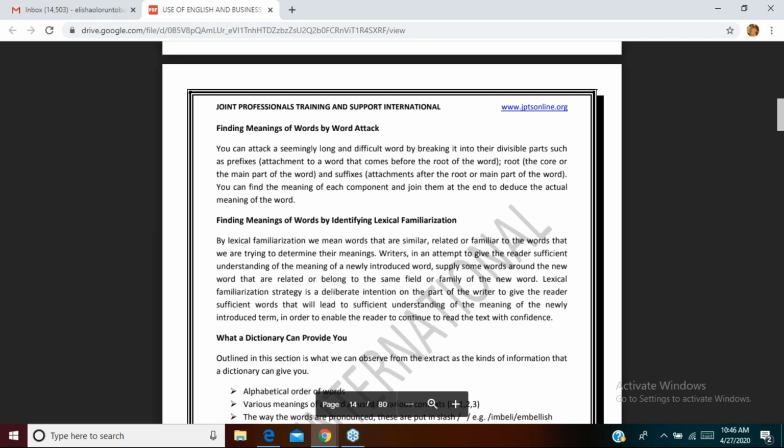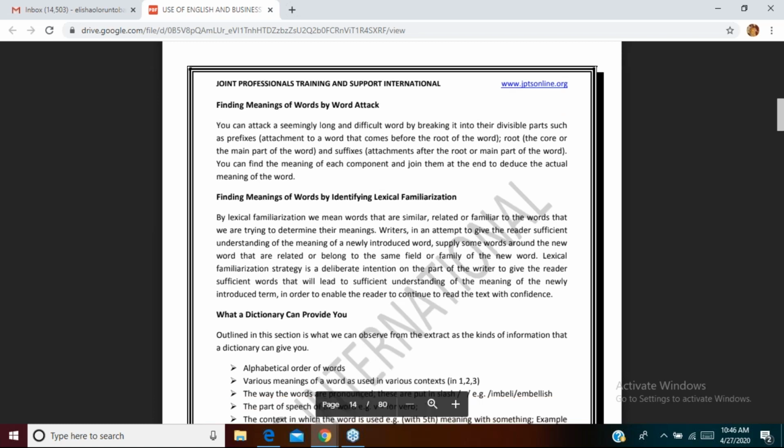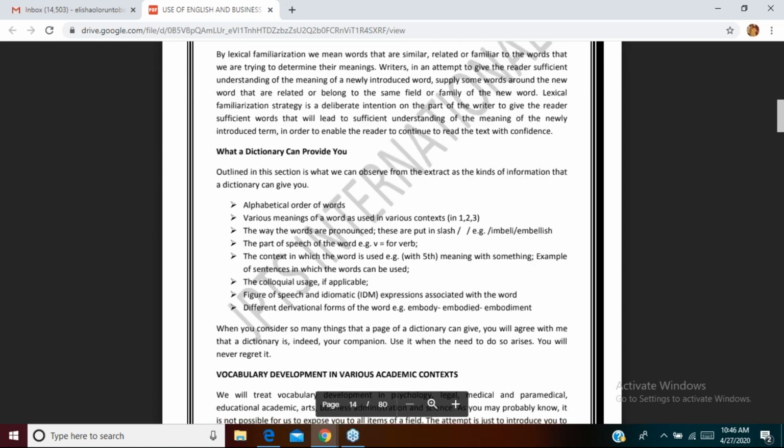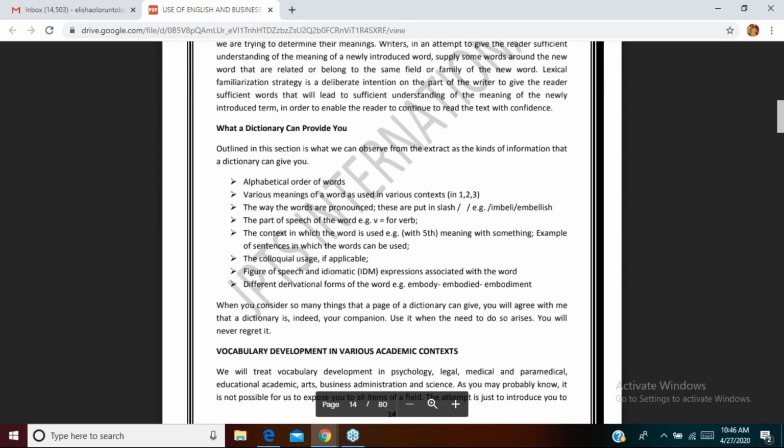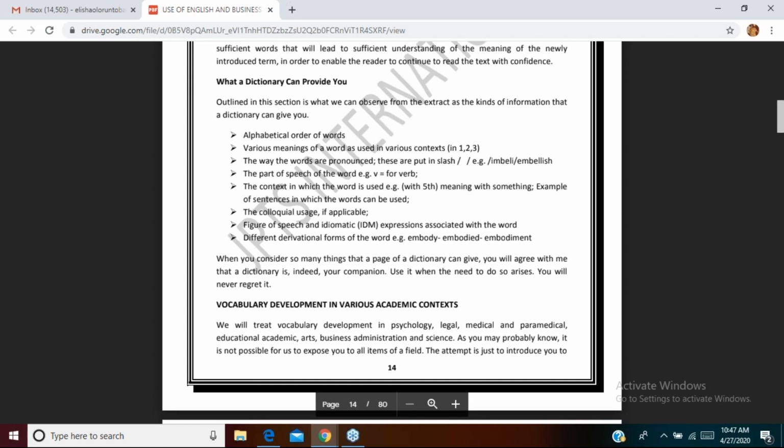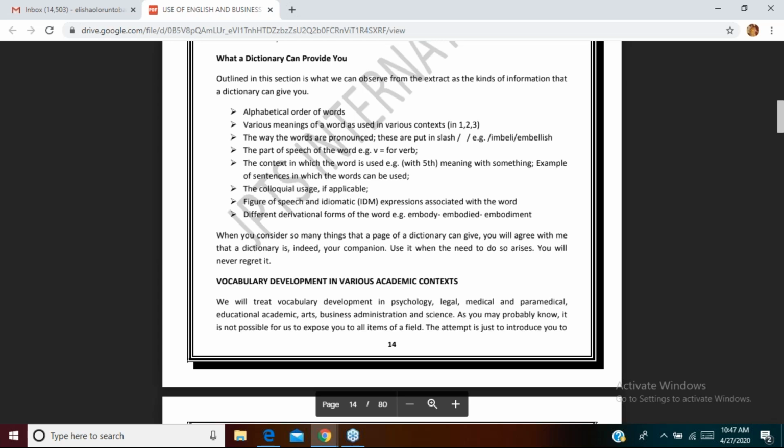So, what a dictionary can provide for you, please listen. Number one, alphabetical order of words. These are just the things a dictionary can do for you. Alphabetical order of what? Of words. Dictionary can help you in that. But before you consult your dictionary, you need to have understanding of what I am teaching you now. Tenses, very important.